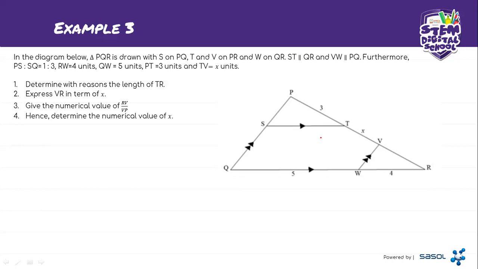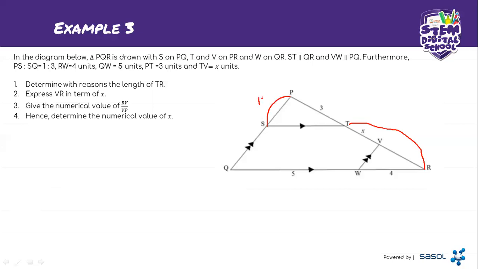The first question says determine with reason the length of TR. Let's go and look for TR. TR is this one here. TR is this one. We are looking for that. And then we can see from the scenario we're having the ratio, which is PS. This is PS, and PS is 1.